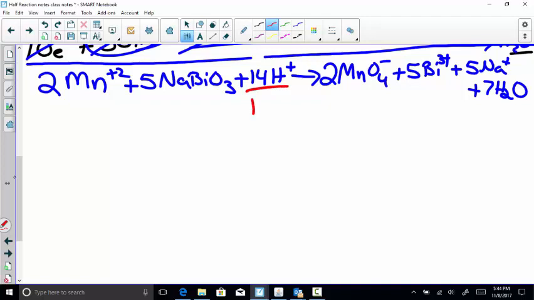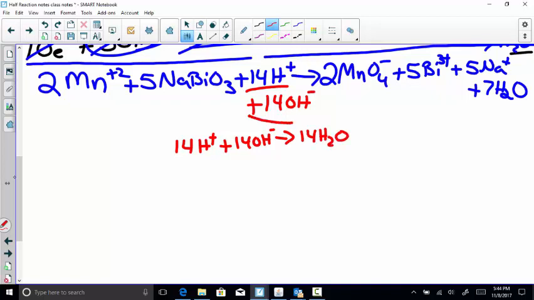I have 14 of them, so I'm going to add 14 hydroxides. Now, little sidebar calculation. If I have 14 H pluses plus 14 OH minuses, that's going to give me 14 H2Os. So all of this is going to turn into 14 H2Os.